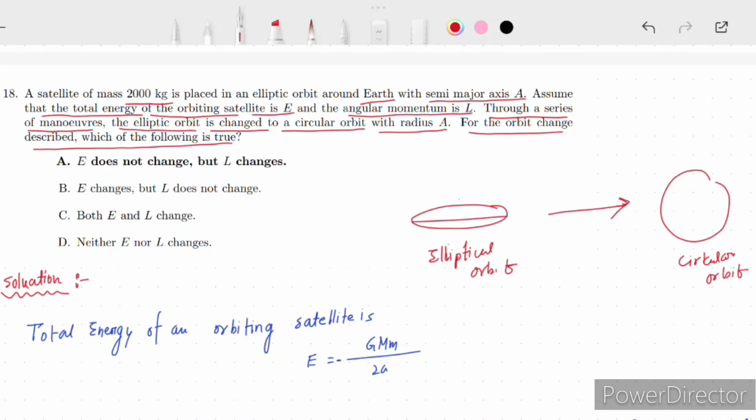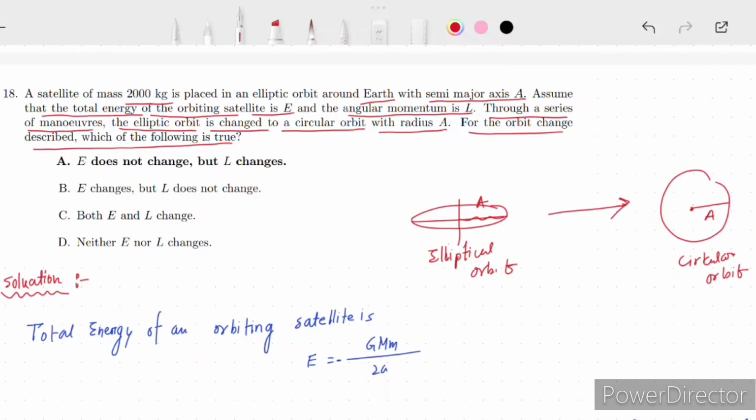The elliptical orbit has semi-major axis capital A, and the circular orbit has radius capital A. So for this change, what will change? The total energy of the satellite or the angular momentum?